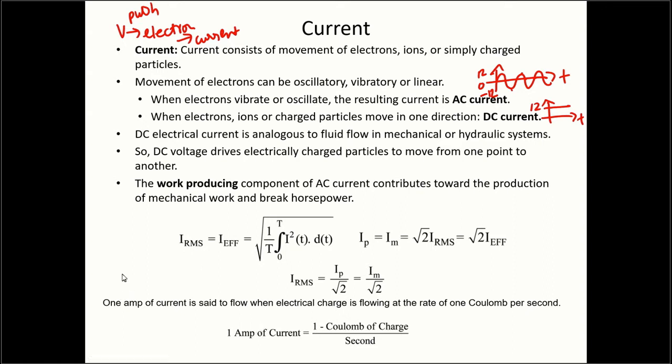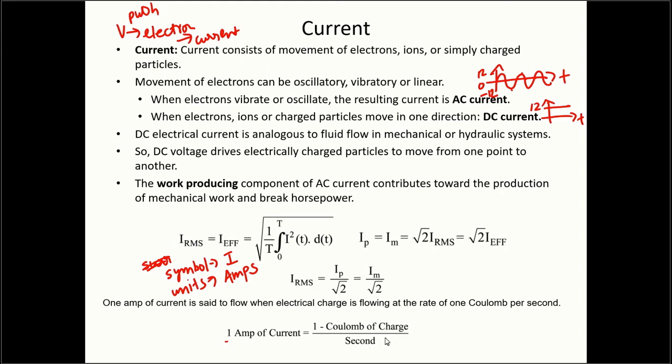And usually the symbol for current is I, and the unit for current is amperes, or simply amps. The simple way to represent 1 ampere of current is the change of 1 coulomb of charge per second.